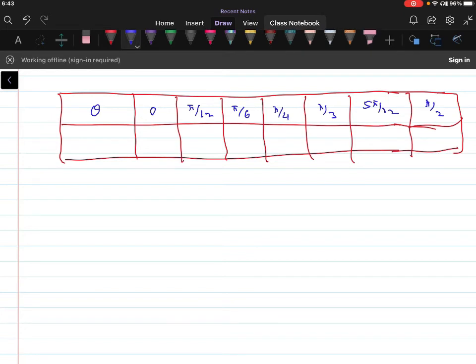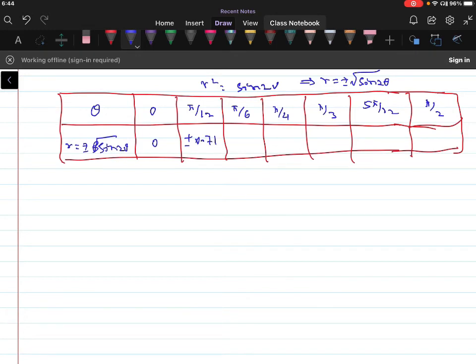So now let us find the r values. You know that the curve is r square is equal to sine 2 theta. So this implies r is equal to plus or minus square root of sine 2 theta. When theta is equal to 0, sine 0 is 0. When theta is equal to pi by 12, r is plus or minus square root of sine 2 times pi by 12, so that is equal to plus or minus 0.71.